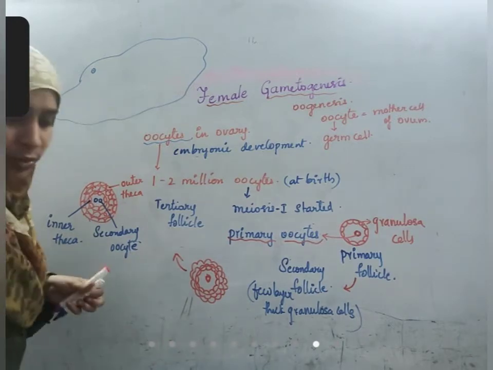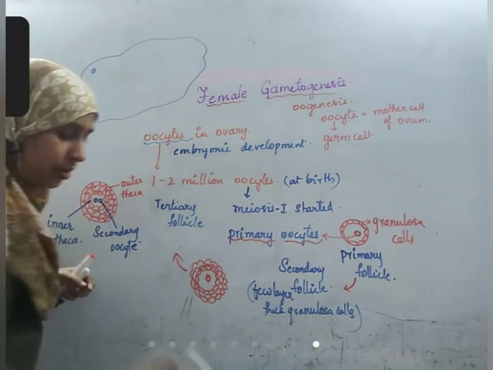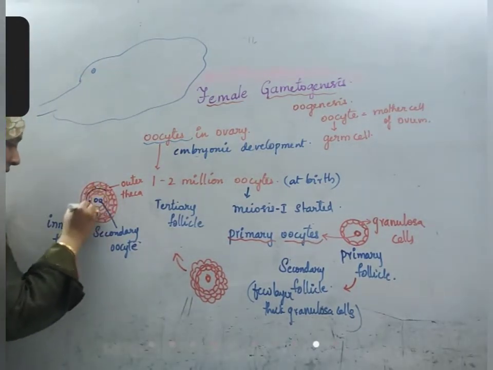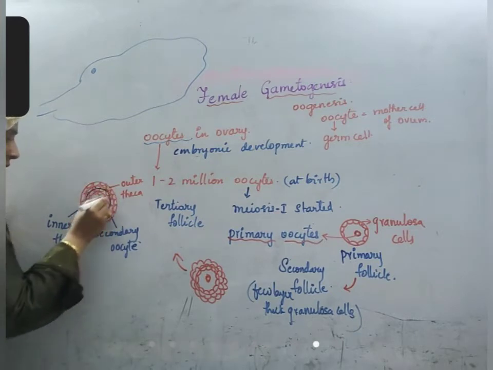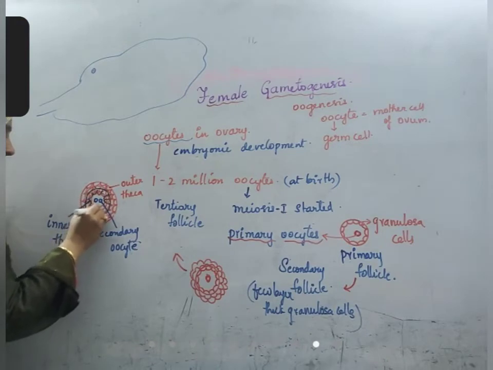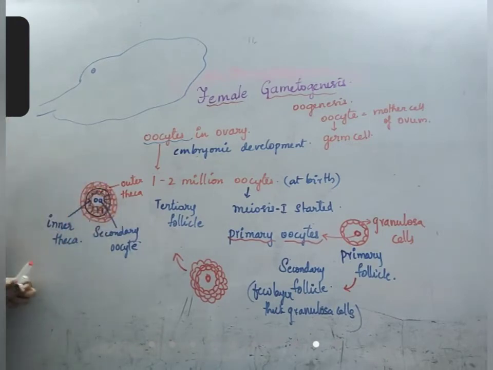From here to here it is called the outer theca. From here to here this part is called the inner theca.